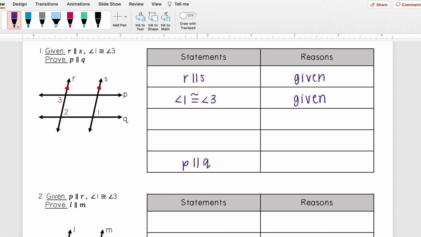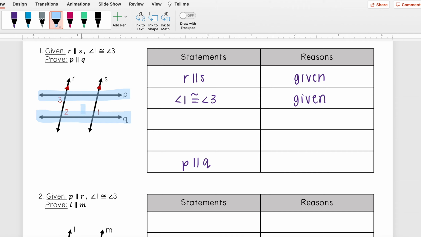Okay, so to prove that P is parallel to Q, I need to use one of those 4 theorems that we learned about in the first video, or the converse. I need to use either the corresponding angles converse, alternate interior, alternate exterior, or consecutive interior converse. So first, looking at just my two lines I'm trying to prove are parallel, P and Q, I need to figure out where I'm heading.